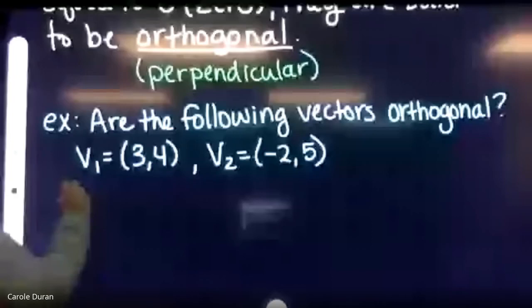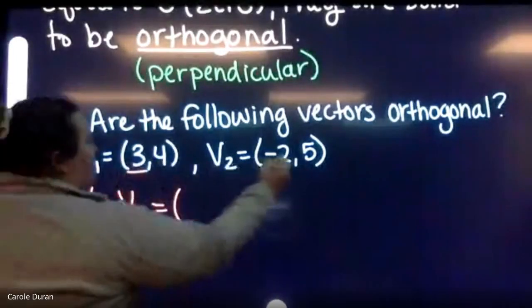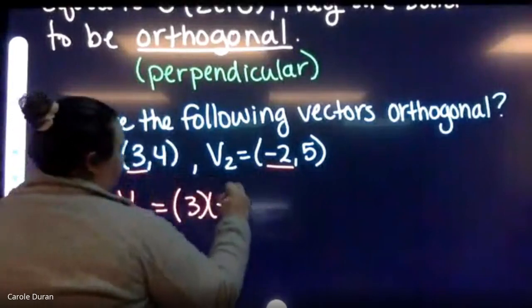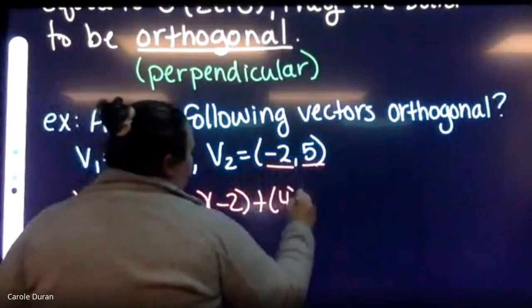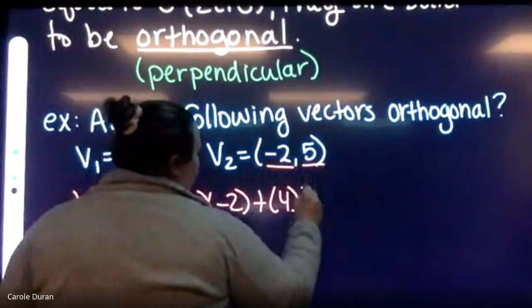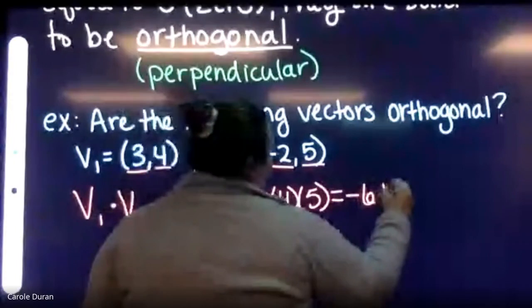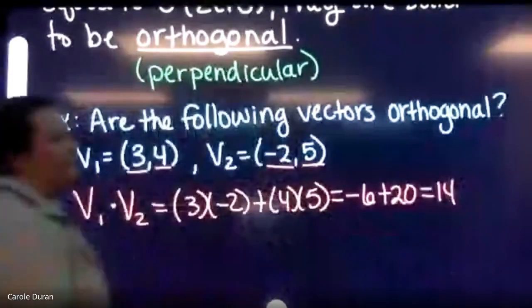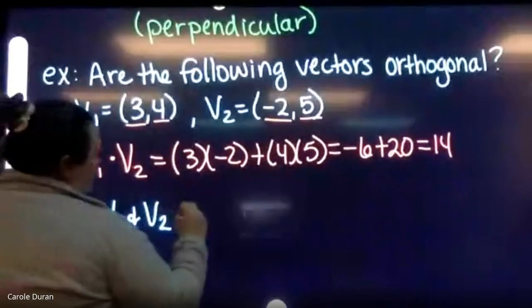I'm going to have v1 dot v2, and that's going to equal x times x plus y times y, and then I'm going to put my products together. Did I get a dot product that equals 0? No. So the way we say this is we say they are not orthogonal.